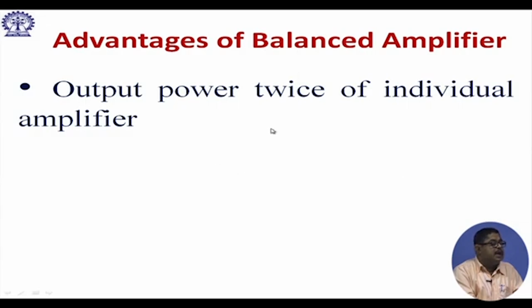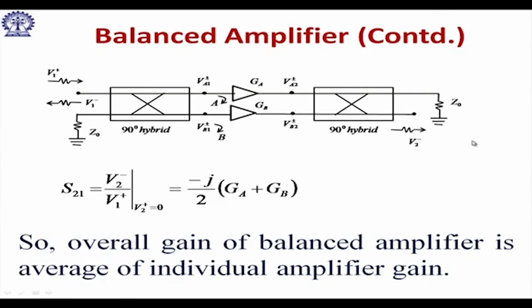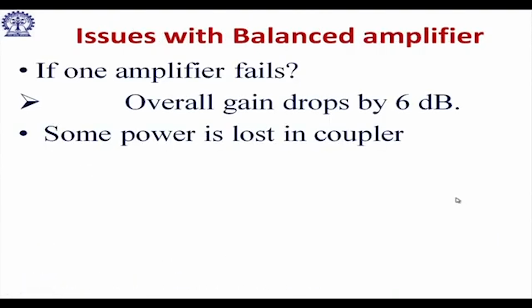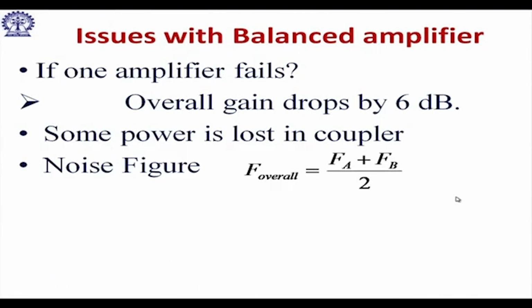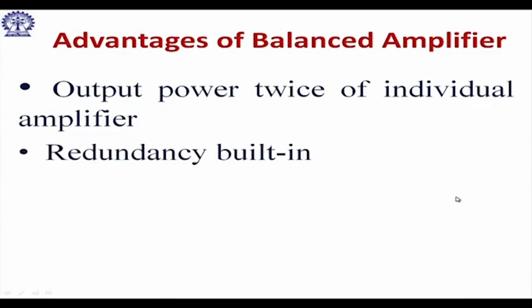Now, advantage is output power twice of individual amplifier power, as you have already seen before, that V2 minus I am getting some from here, some from here. So, obviously, the output power is twice.